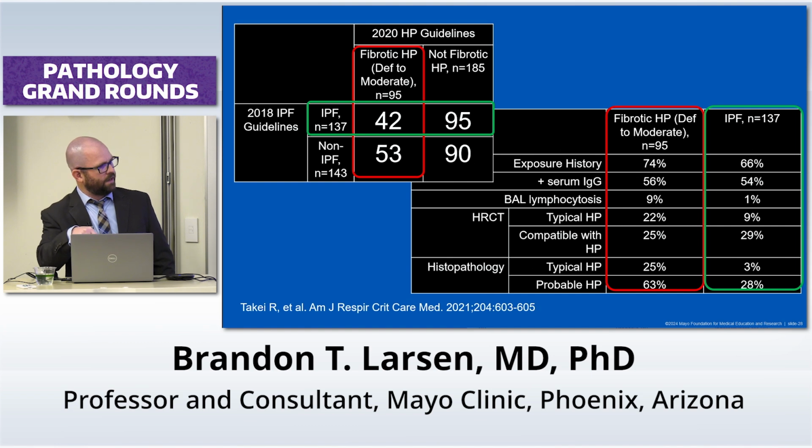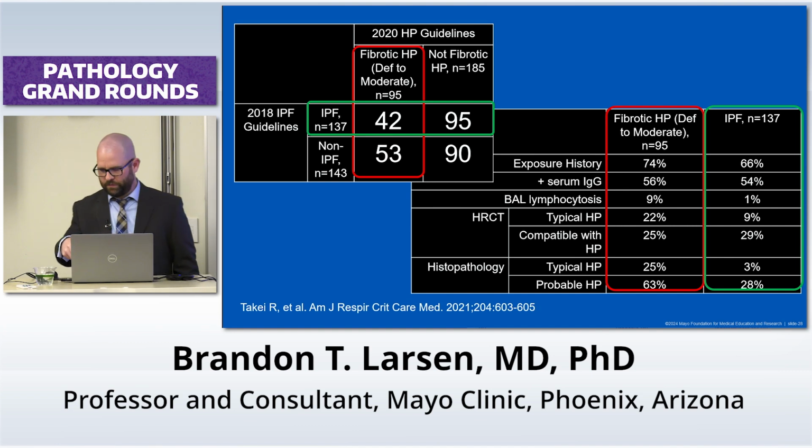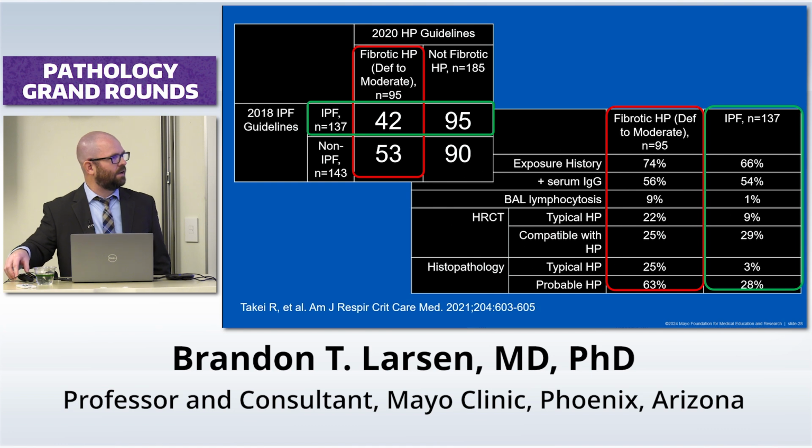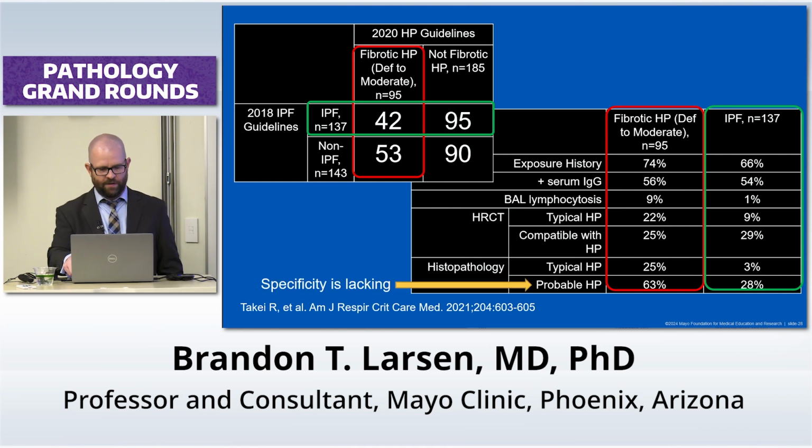Most of the patients called HP meet those histopathologic guidelines, but check this out. 28% of patients in this study had probable HP on histopathology but would meet criteria for IPF, which means we really have a specificity problem in pathology.